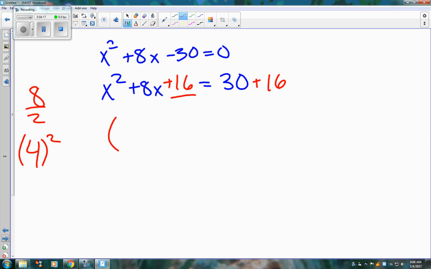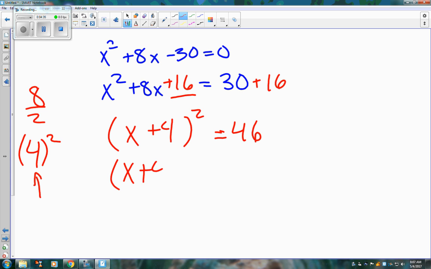So when I factor this, whatever I get here goes here. Is that the way it's given to you? No, I have to bring 46 back over. So I get x plus 4 squared minus 46. So what's my answer to 3? B.